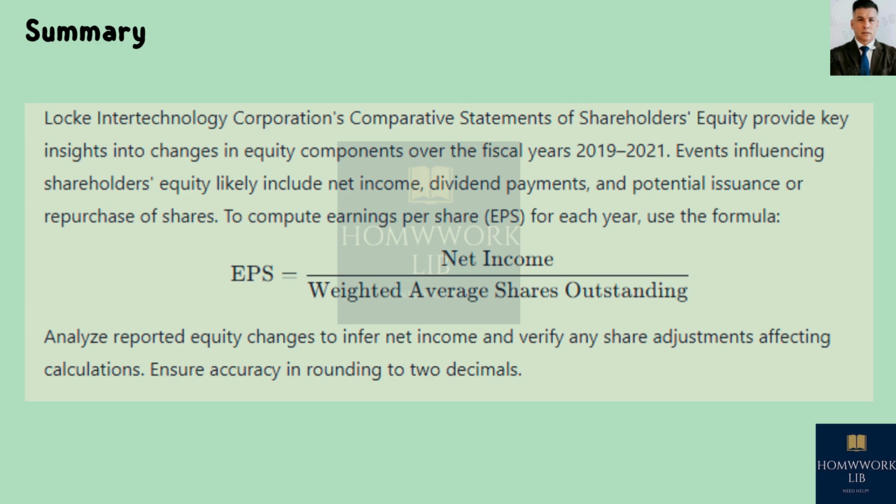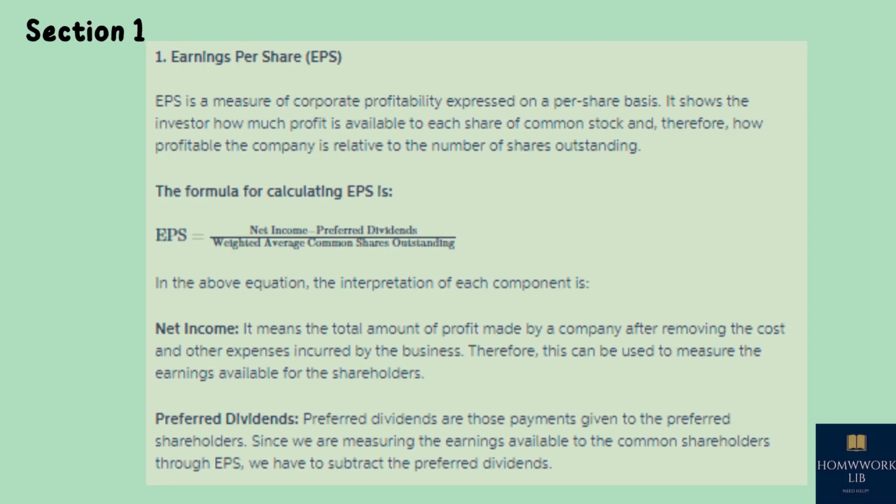To compute earnings per share, EPS, for each year, use the formula. Analyze reported equity changes to infer net income and verify any share adjustments affecting calculations. Ensure accuracy in rounding to 2 decimals. Section first, answer of this question.